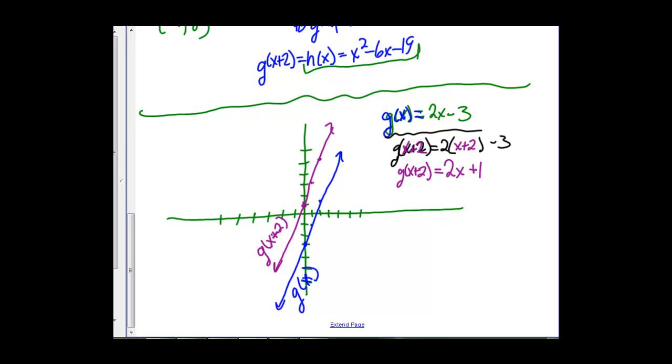Or I could have said h of x equals g of x plus 2. I'm just giving it another name, a simpler, shorter name. So I could have called the purple line just h of x.